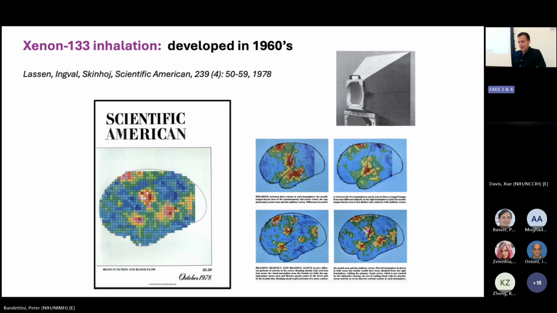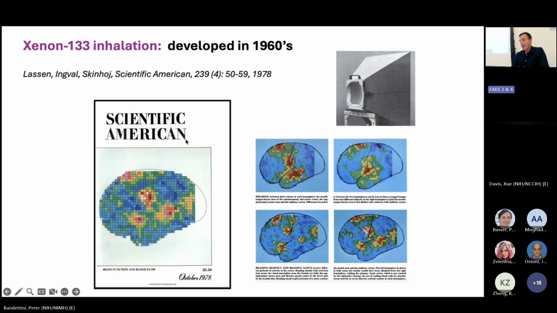So I remember when I was in grade school, I saw the Scientific American article, and it was very exciting for me. I was about 6th grade or 7th grade, but I remember seeing this and I got excited because this was one of the first functional brain images of a human taken non-invasively.